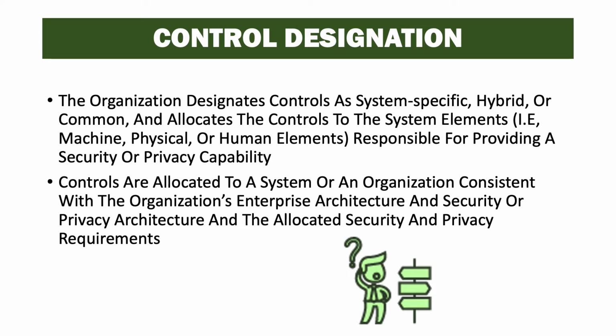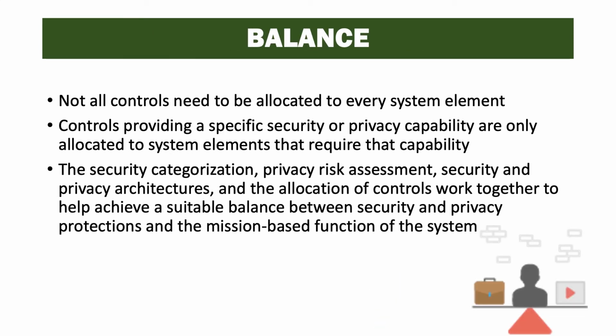So we're going to determine which controls are system-specific, which ones are hybrid, and which ones are common controls. And hopefully the common controls will help drive down the number of controls that the system owner is going to be required to implement when we hit the next step.